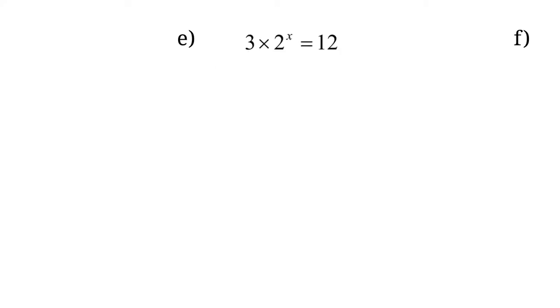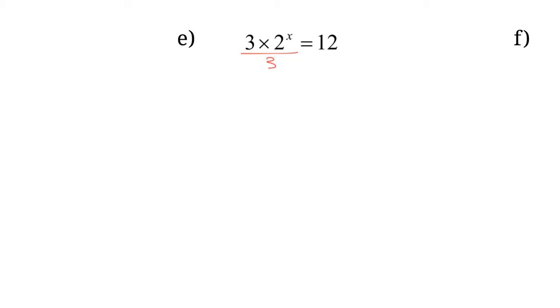In the next one, we have 3 times 2 to the power of x is equal to 12. Now remember, we're just trying to solve this equation and find the value of x. But we can't do anything with this 2 to the power of x yet because we're multiplying this side by 3. So to get rid of that, we need to divide both sides by 3.